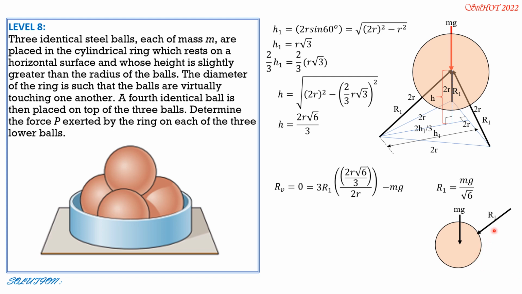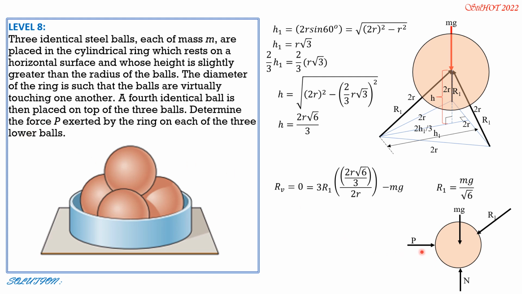Then we have R1 here. So remember, the horizontal component of distance is 2/3 H1 and the length is 2R. Then we have the normal reaction here at the bottom, and the contact reaction between the ring and one of the lower spheres, which is denoted by P.